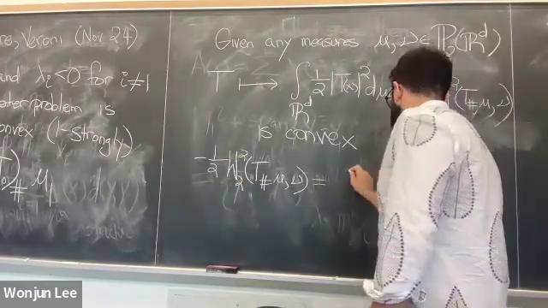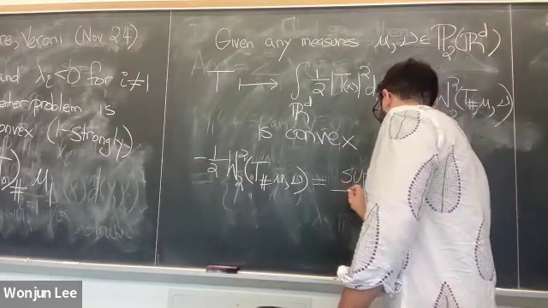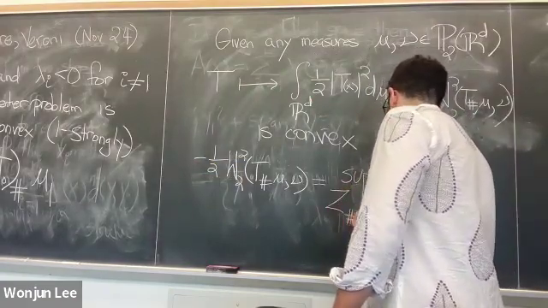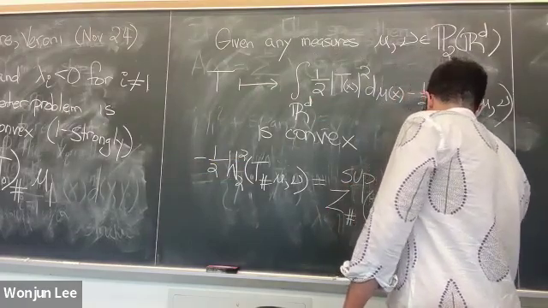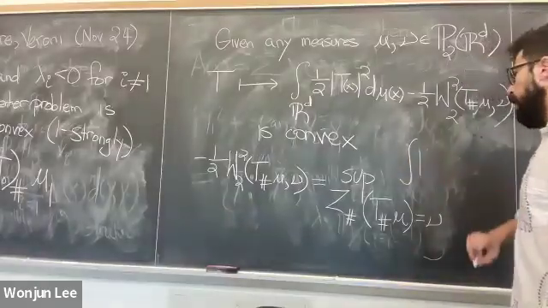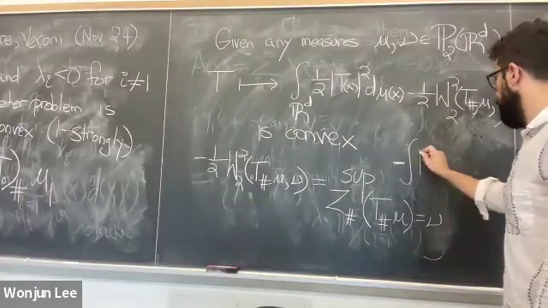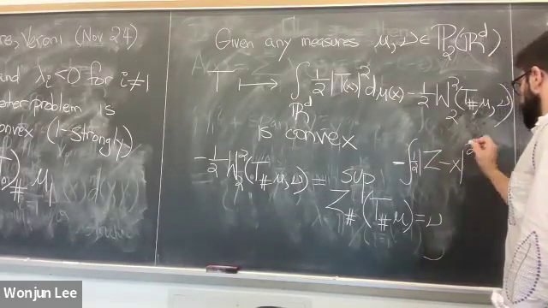So I'm going to have the sup over, let's see, I'm going to call these maps Z that push this push forward into the thing that I'm supposed to get. And then I should have the negative of 1/2 Z minus X squared.